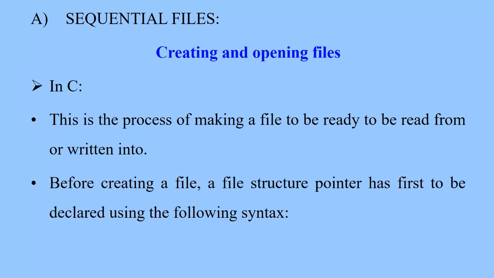Before creating a file, a file structure pointer has first to be declared using the following syntax. FILE *file pointer. And then we can also declare another one called file story pointer.